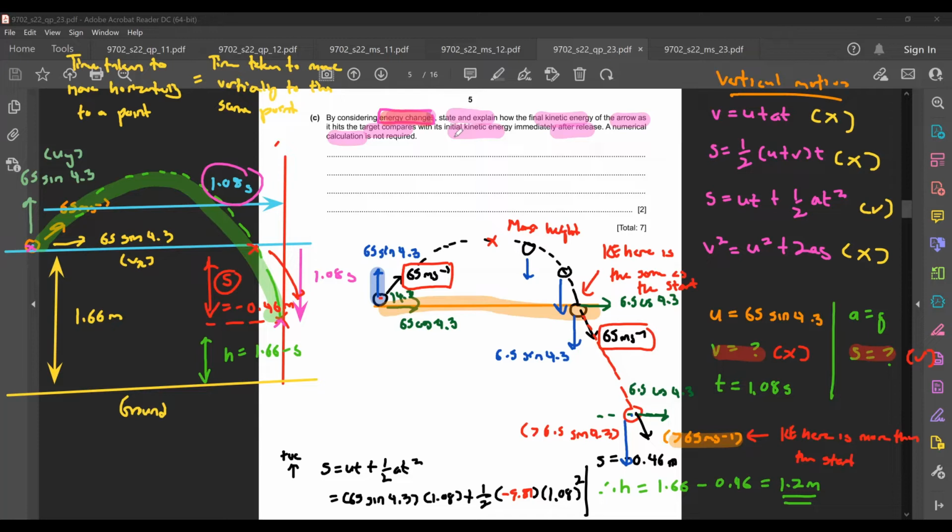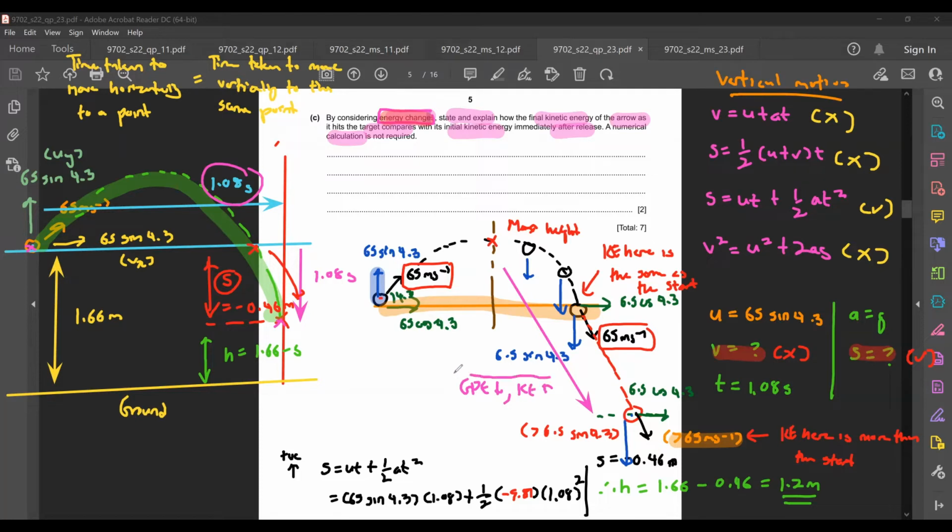If you are going from here to the maximum height, let me just draw a dividing line here. If you were to move all the way down like this, your GPE is dropping, but your KE is increasing.